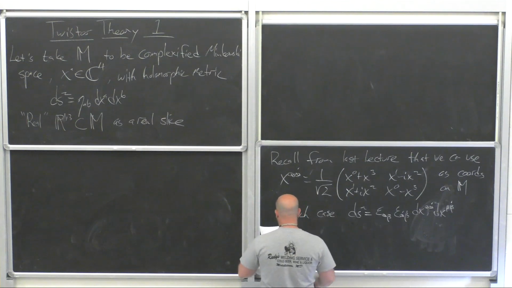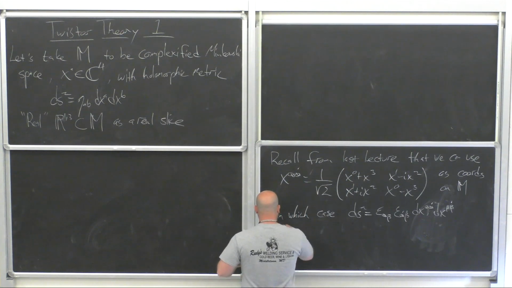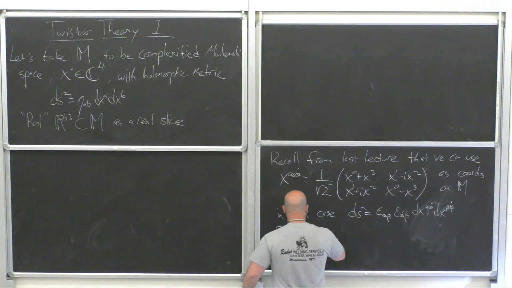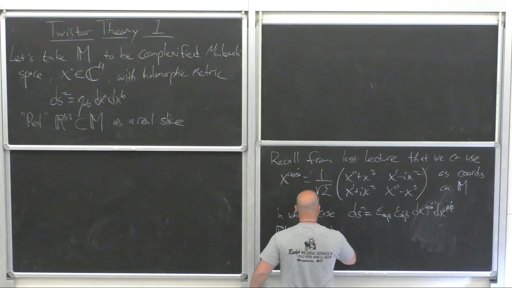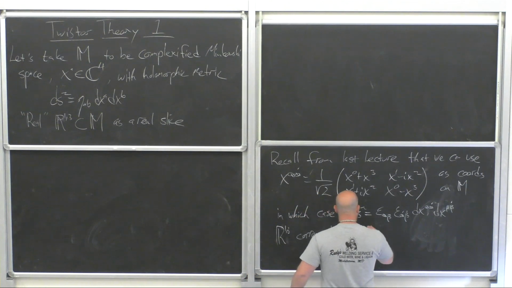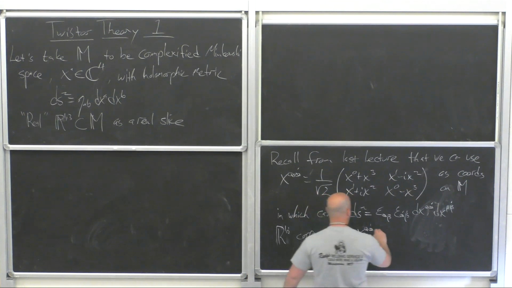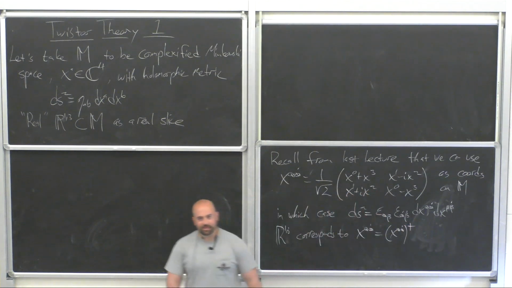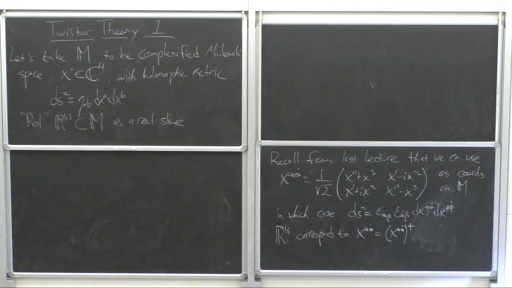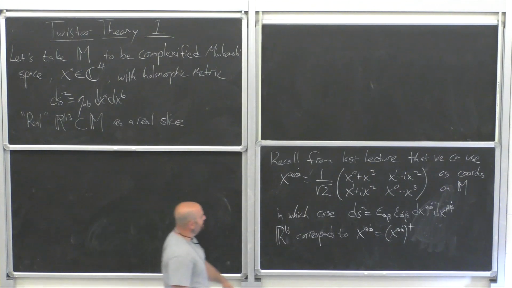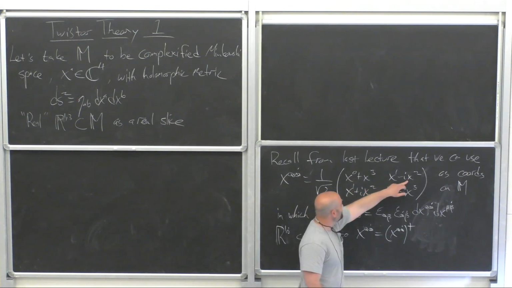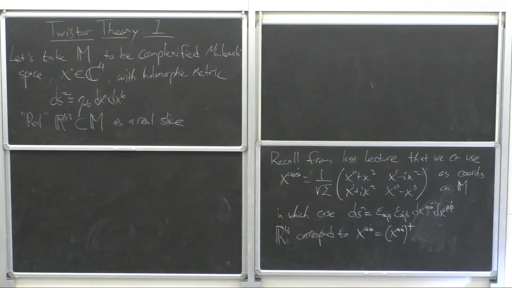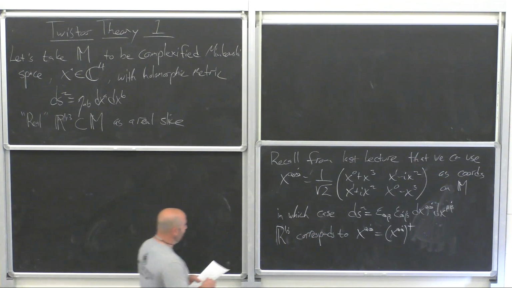So R^{1,3} here corresponds to this 2 by 2 matrix x^{αα'} being Hermitian. And that's a nice exercise you can work through for yourself. Check that if this is indeed the case, it forces x0, x1, x2, and x3 to be real valued, and really does give you the R^{1,3} real slice inside of complexified Minkowski space.